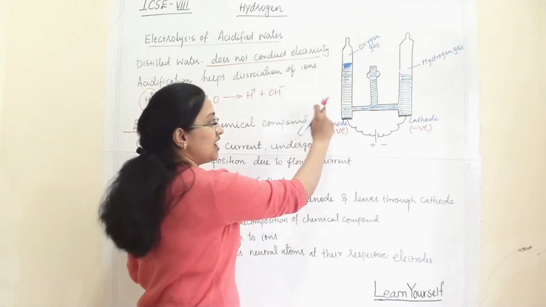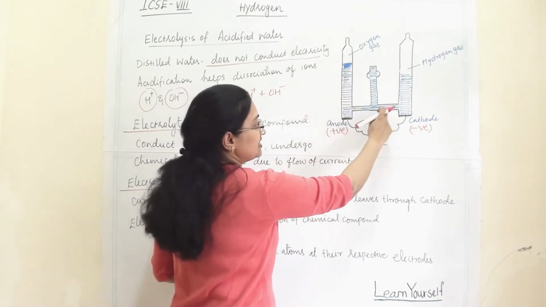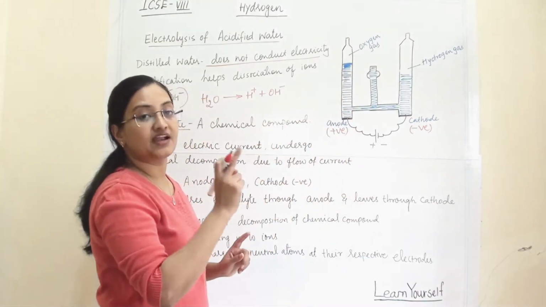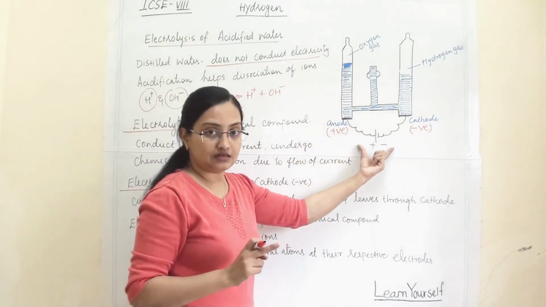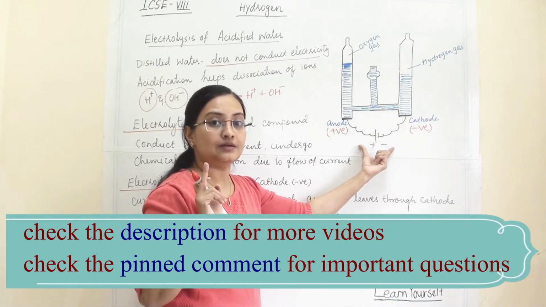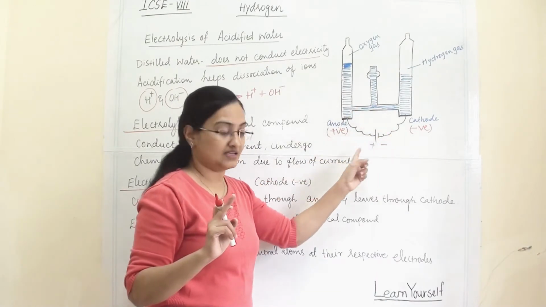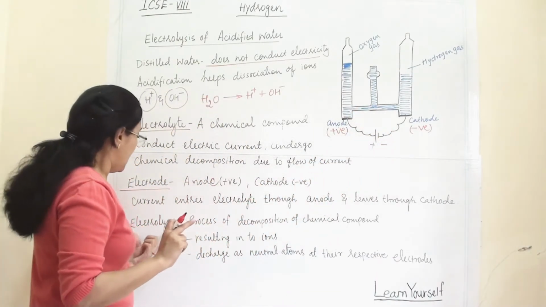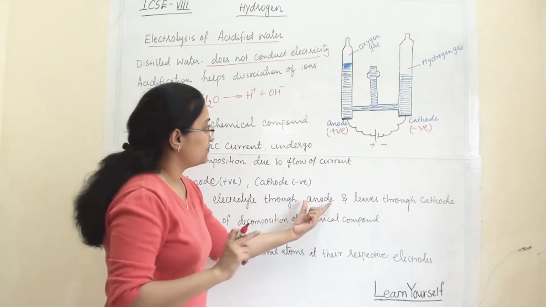So these two are platinum electrodes, and in this is distilled water, acidified distilled water. Once I switch on the battery, the current will start passing. Current enters the electrolyte through the anode.